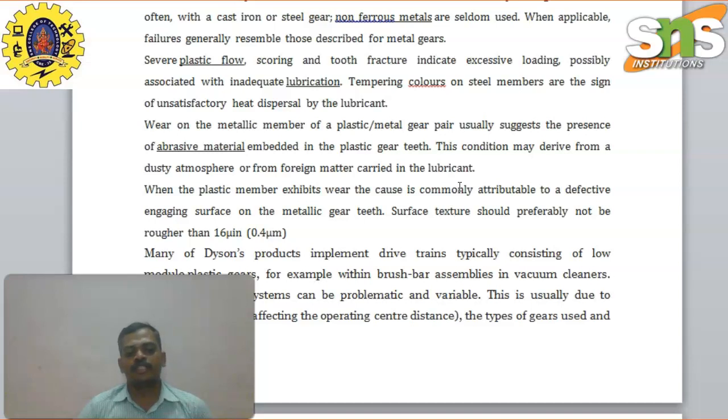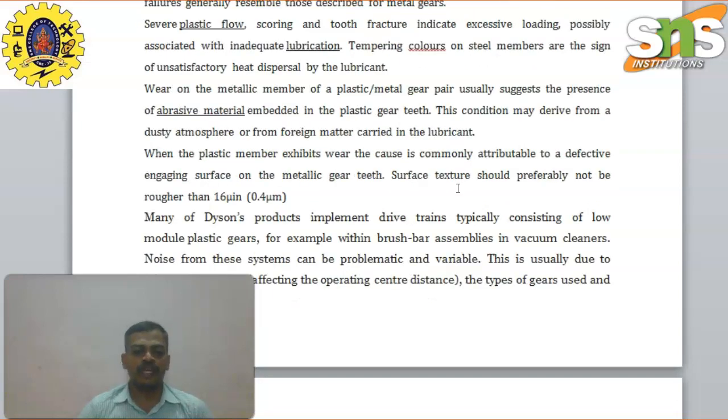Many of Dyson's products implement drivetrains typically consisting of low-module plastic gears. For example, with the brush bar assemblies in vacuum cleaners, noise from these systems can be problematic and variable.